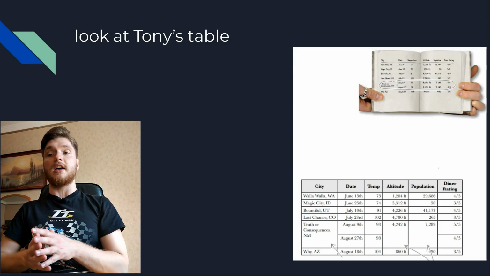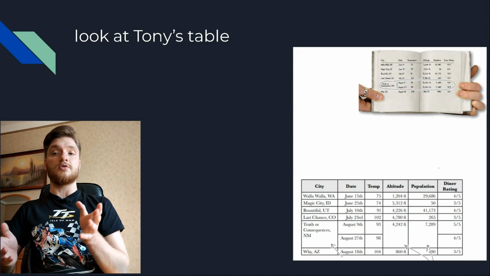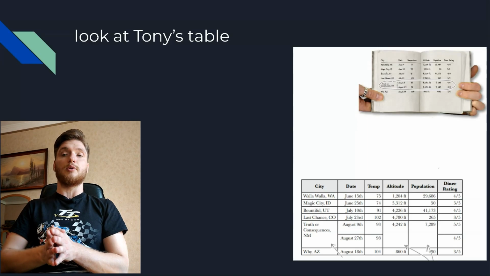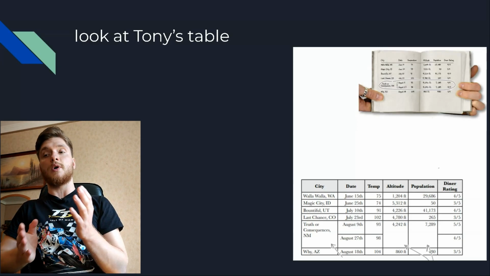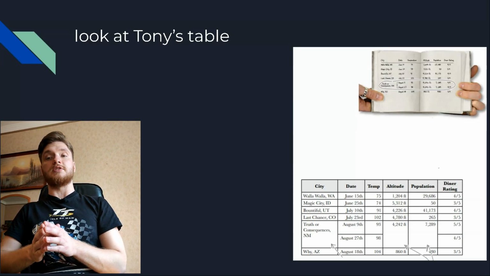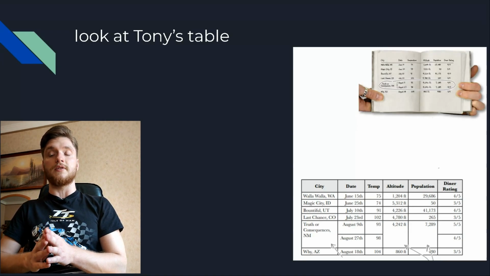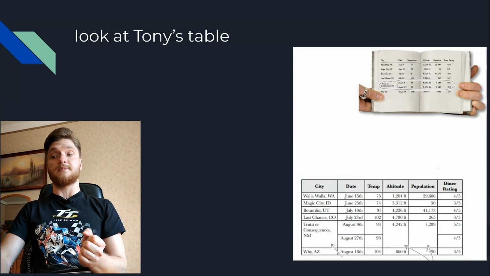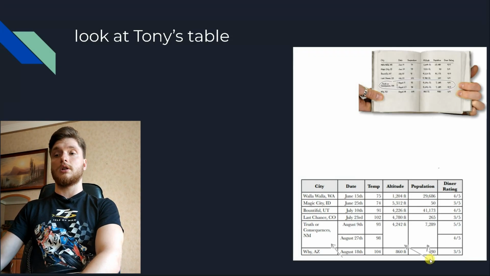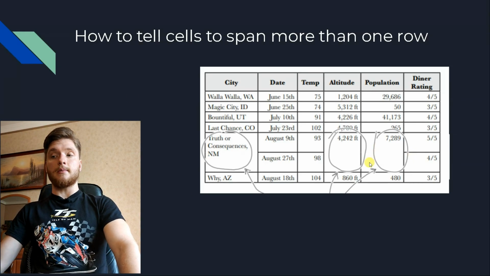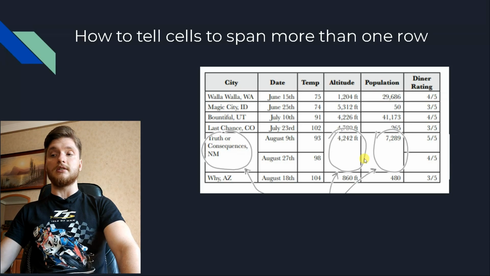Let's look at the entries for Truth or Consequences in Tony's table again. The data cells for city, altitude and population span 2 rows, not one, while the date, temp and dinner are each in a single row, which is the normal default behavior for data cells.